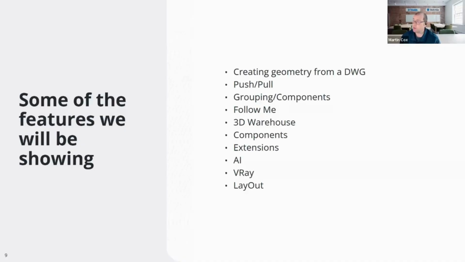The Follow Me tool, 3D Warehouse, components, extensions, AI, V-Ray, Layout. We're going to cover a lot in this webinar, so really make sure we have an understanding of some of these different techniques.